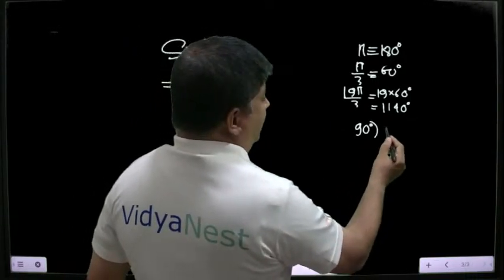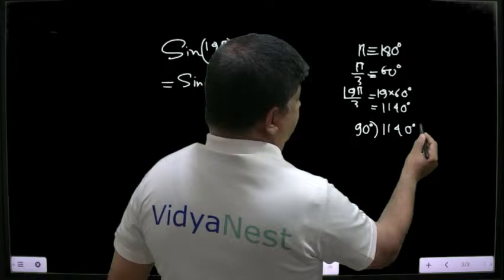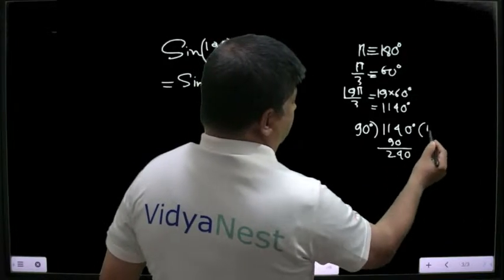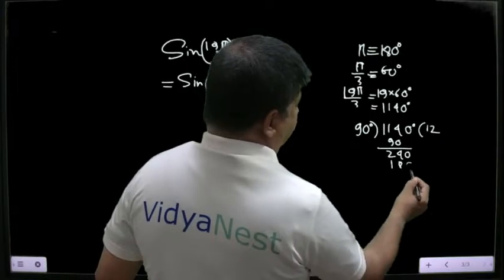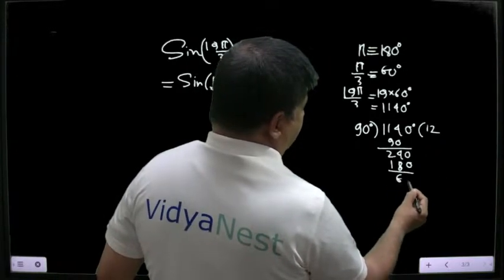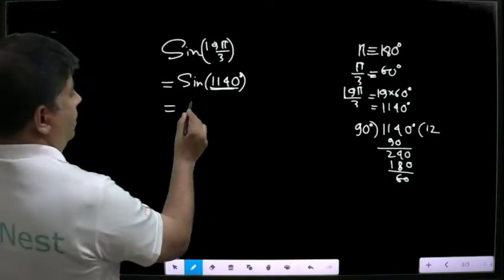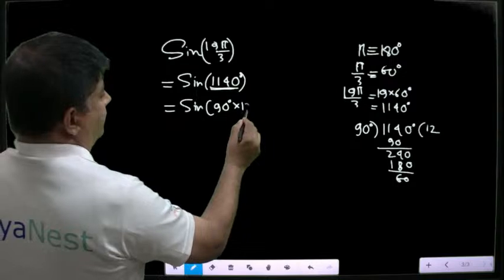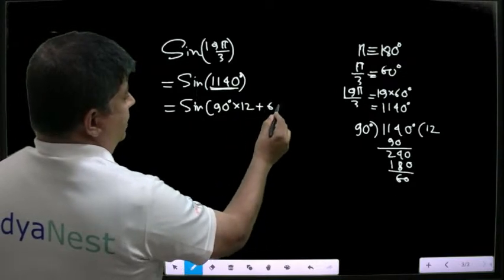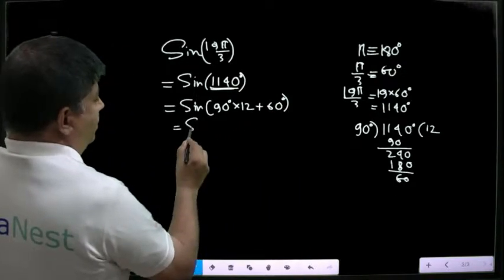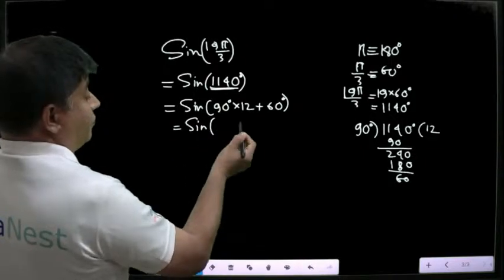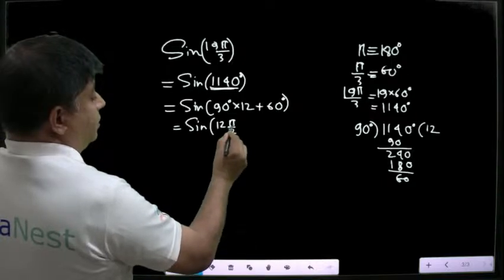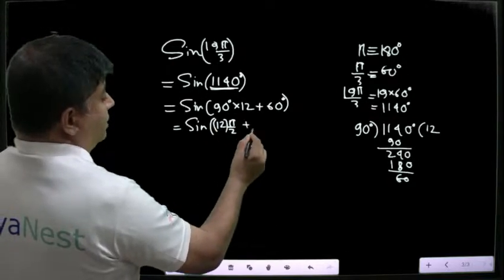It can be compared to division algorithm. 90 into 12 is 1080, and the remainder is 60. So sin of 90 into 12 plus 60 degree. We are able to bring this into the standard form which we have just discussed: 12 pi by 2 plus 60.